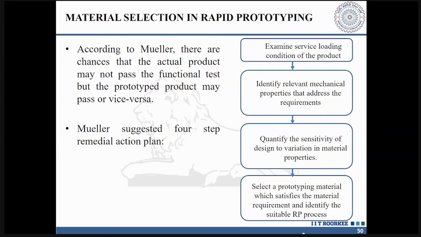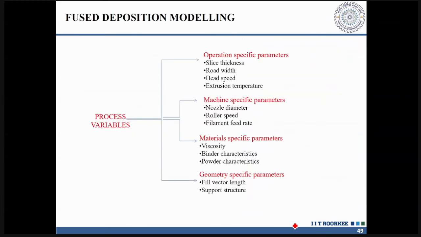Then select a prototyping methodology. You are working with steel. You cannot draw wires of steel. You cannot have steel in the liquid form, but you can have steel in the form of powder. Select which technique is going to be used for the manufacturing. So depending upon the material requirement, select the RP process from this particular domain.